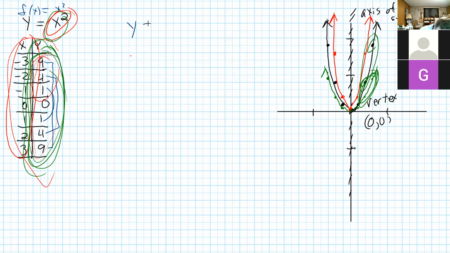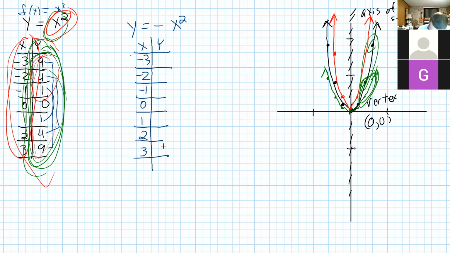Let's take a look at y equals -x squared. X, y, -3, -2, -1, 0, 1, 2, 3. Okay, now order of operations.